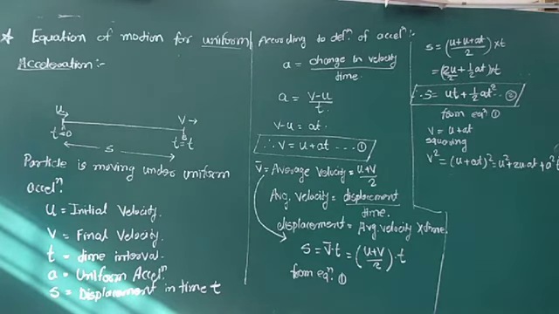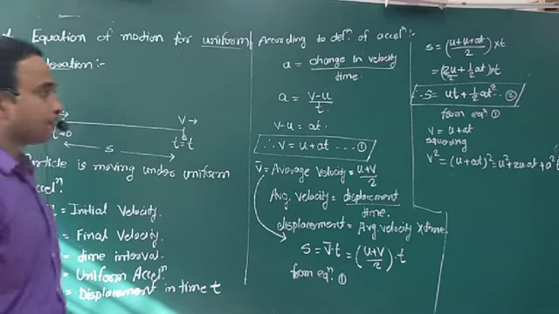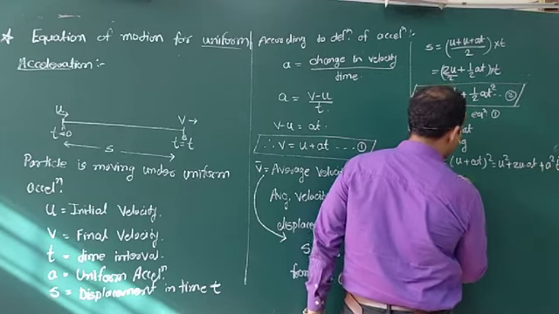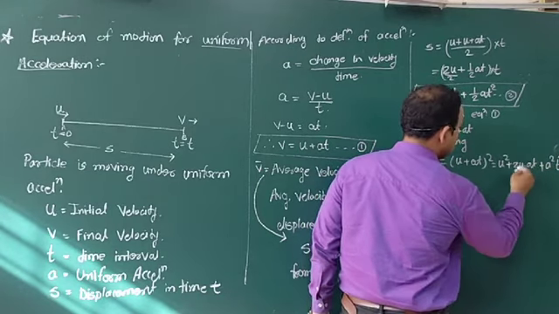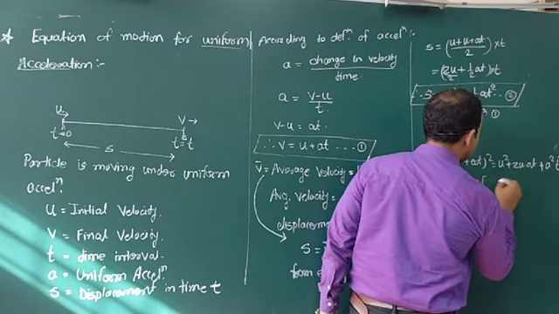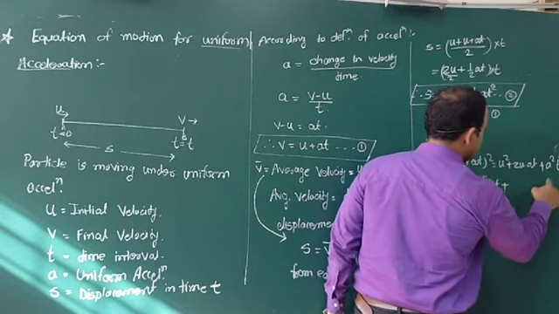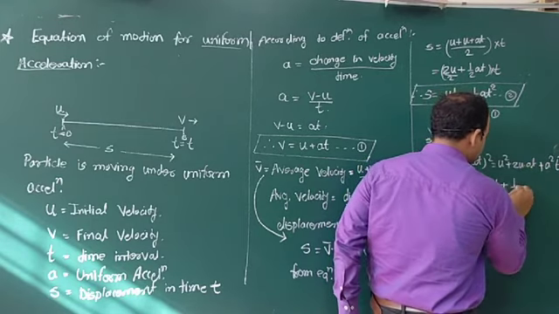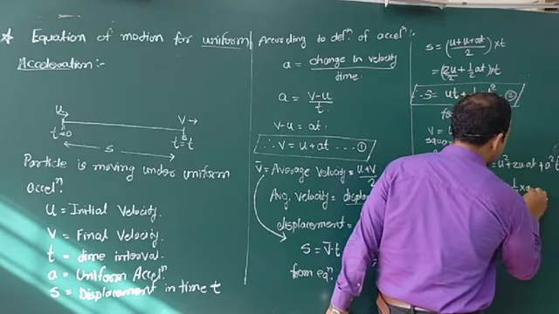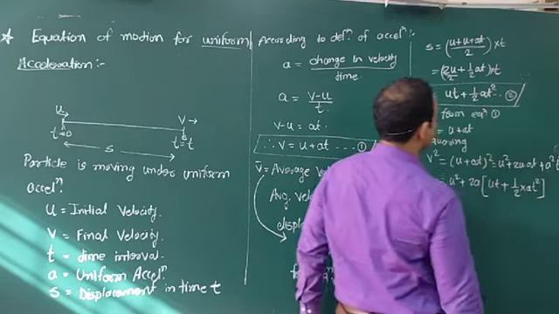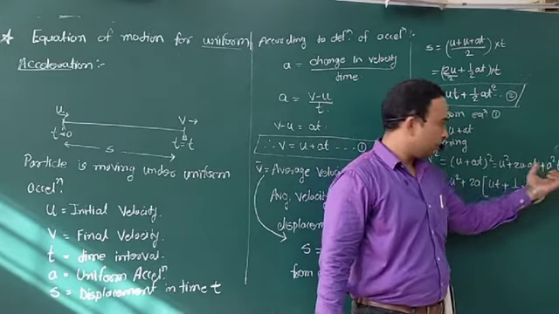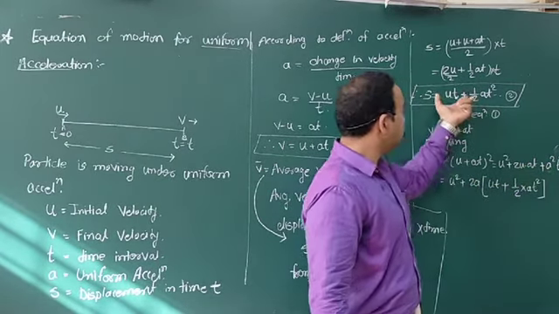So we can take u square as it is, 2a common, so remaining here ut, plus, here 2 is absent, so 1 by 2 into a can be taken common, so a into t square. Now see here, I adjusted here 2 because I want to convert this equation into this form.